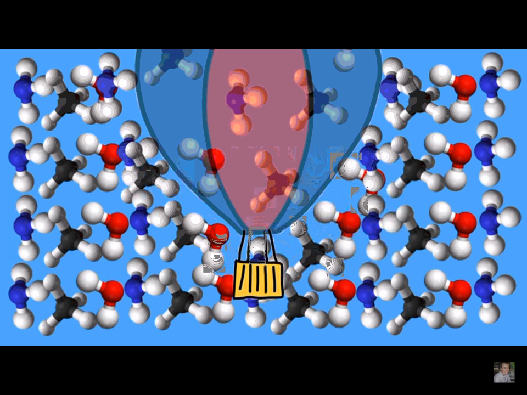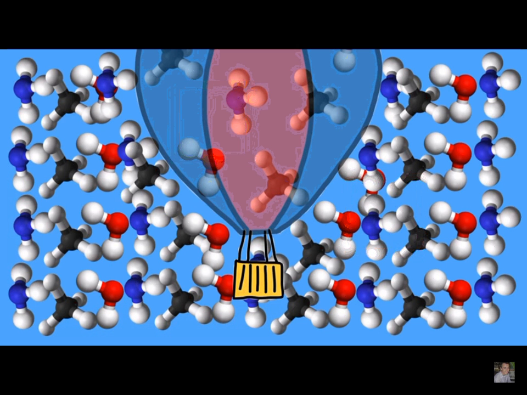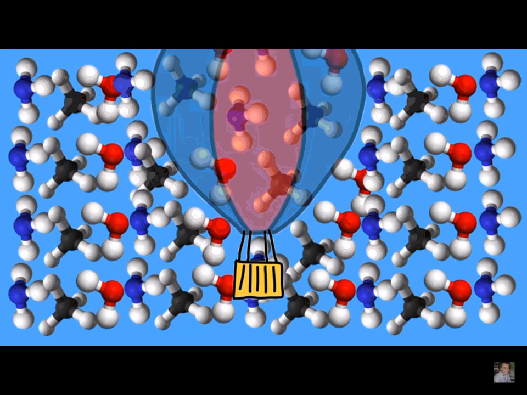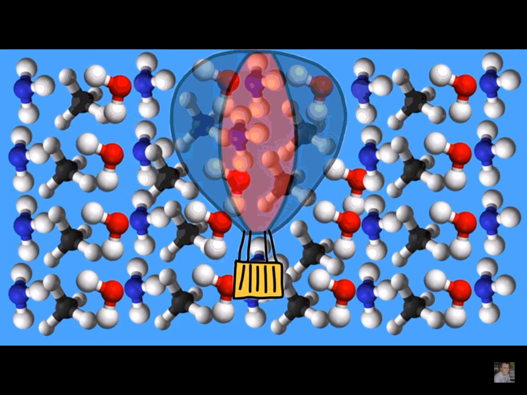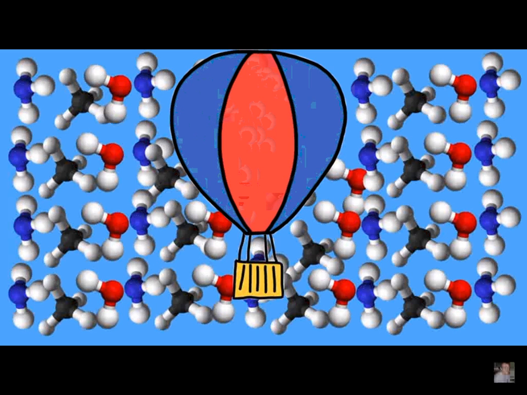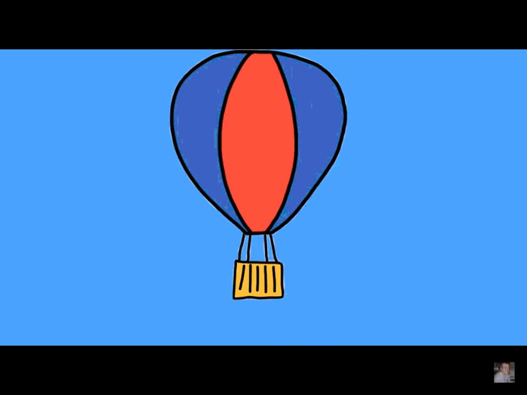The air inside the balloon is less dense than the surrounding air, and the balloon becomes buoyant. When it's time to land, the pilot stops heating the air, and as it cools, it contracts to match the density of the surrounding air. The effects of gravity go to work and bring the balloon down to Earth.